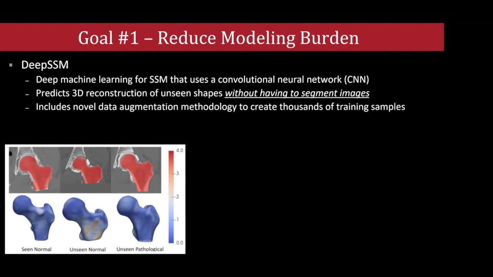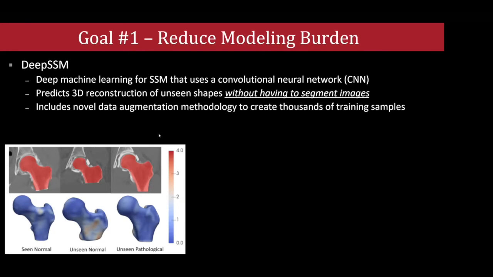And so the deep SSM, which by the way was created at the Scientific Computing Institute by Shireen Alhabian, who's a co-investigator on this grant, also includes a novel data augmentation scheme. Essentially it augments your data to create thousands of synthetic data sets that we then use to train the model for the segmentation purposes.